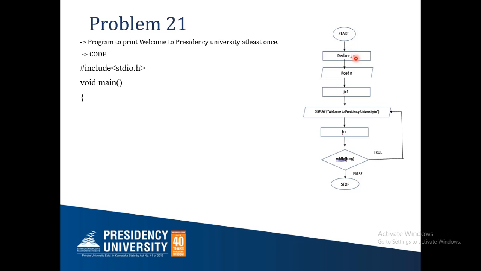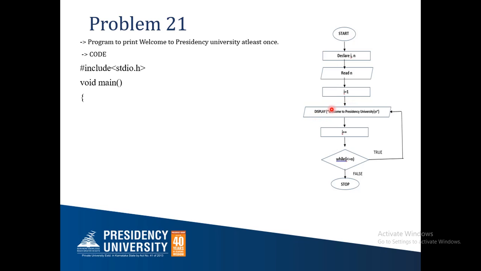Here n is how many times you want to display welcome to Presidency University, and i is the increment or the decrement, we'll see. Then read n means with the help of the statement scanf, store the value of n at the address of n. Then we'll move ahead and initialize the value of i.